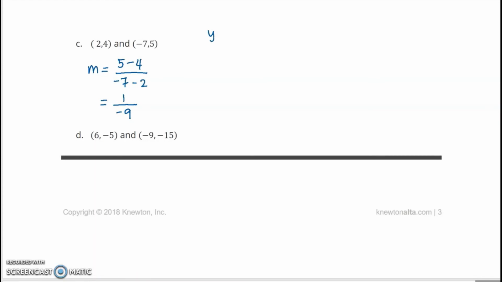Then you use the equation y minus y sub 1 is equal to m times x minus x sub 1 to get the equation of your line. So your m is equal to negative 1 over 9, and then you pick any of the given points here to be your point in the equation. In this case, I'll choose the second point here as the point that I'm going to use in the formula.